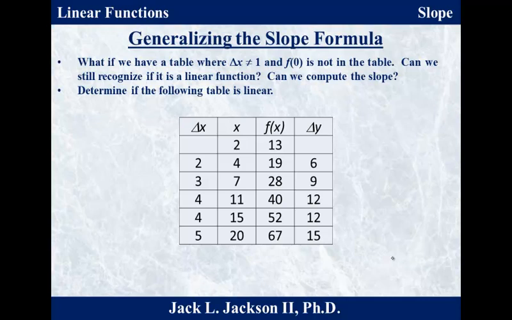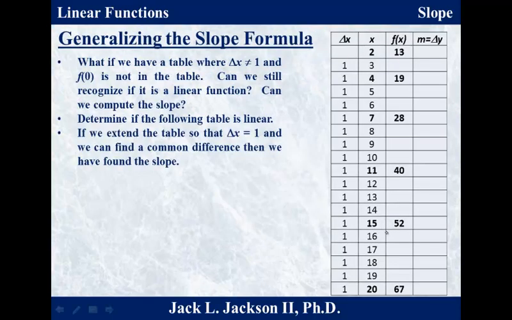What could we do here? Well, we know if we were to write this out all the way where delta x is 1, and if we could find a delta y that was the same every time, and fill in the blanks here, then that delta y would be the slope.